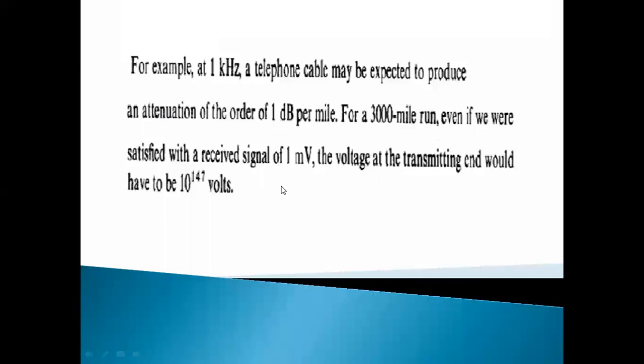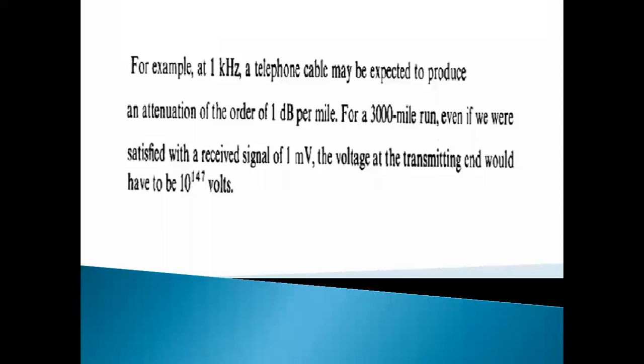So the problem is, if you use a 1 kHz telephone cable, it may be expected to produce an attenuation of 1 dB per mile. So for that telephone cable, there is an attenuation of the signal of 1 dB per mile.